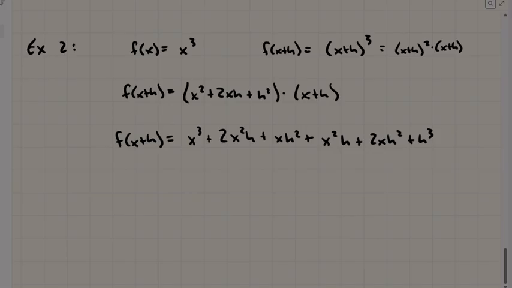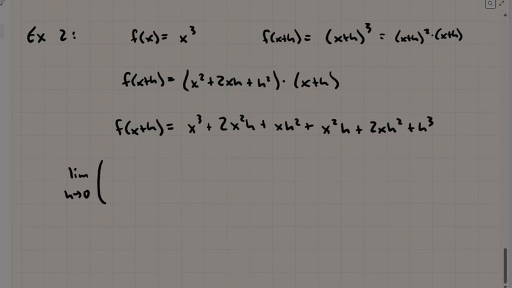We got our f of x plus h. So now we want to figure out what is the limit as h approaches 0 of f of x plus h minus f of x over h.